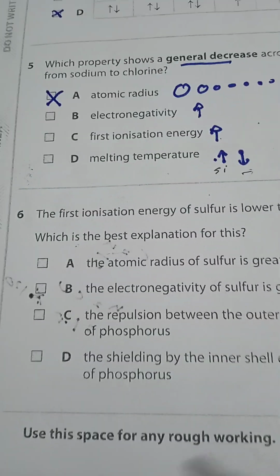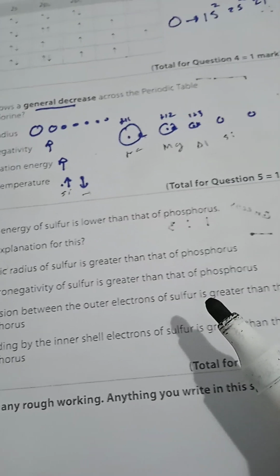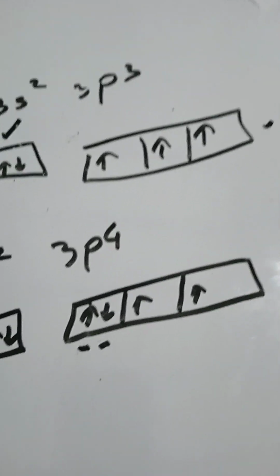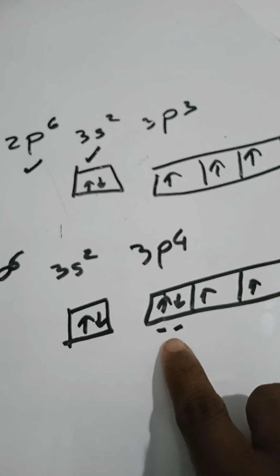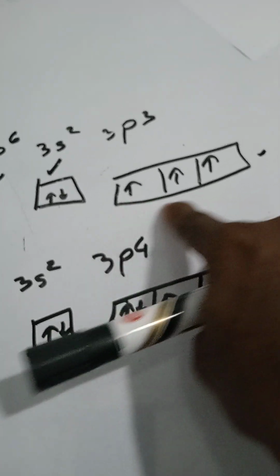Now see this one. It says the repulsion between the outer electrons of sulfur is greater than that of phosphorus. What do you think, children? Is that answer true? Is the repulsion between the outer electrons in sulfur high? See the outer electrons in phosphorus, no repulsion.